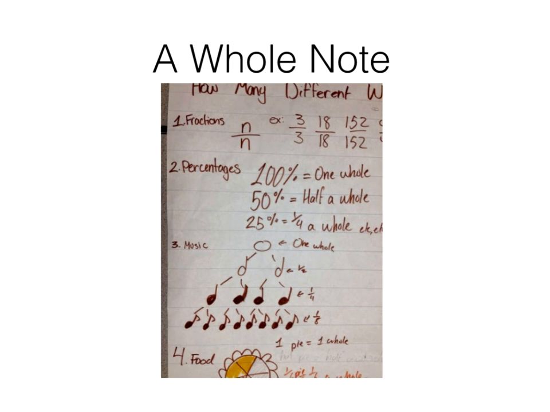This one was, yeah, so students were thinking of, same question it was, but they thought in terms of percentages. They thought actually in terms of, and this is, I want to say grade 7, but they thought of so far as saying n over n, which is pretty good for grade 7. A lot of kids wouldn't say that. So we get 3 over 3, 18 over 18, 152 over 152.